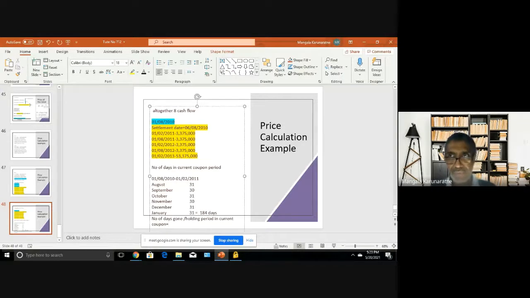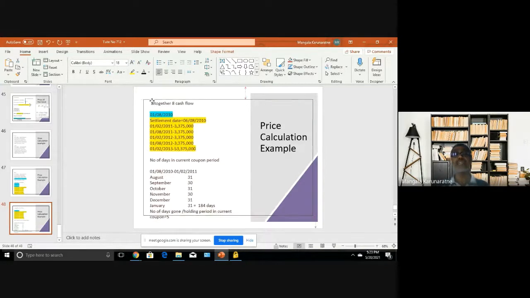So up to 5th, the number of days are 5, and that interest belongs to whom? To the present current holder of the bond, right? Current holder, in this case we can take as the seller, right?